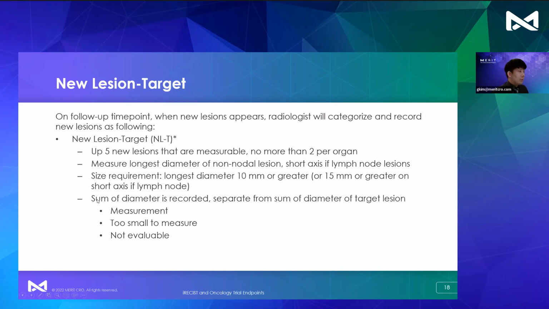We will also record a sum of diameters just for the new lesion targets, which is separate from the sum of diameters of the target lesions. Each new lesion target will have a measurement, or too small to measure, or not available, as we assess further time points after the new lesion has appeared.